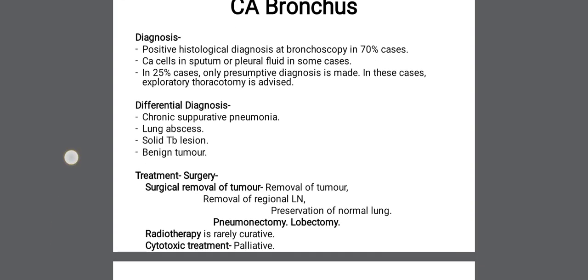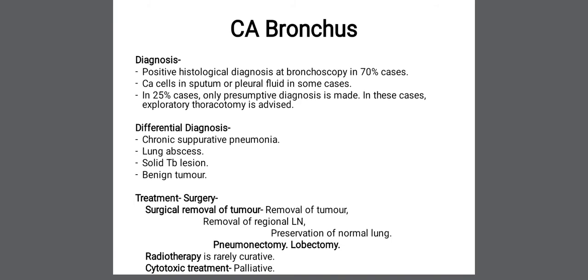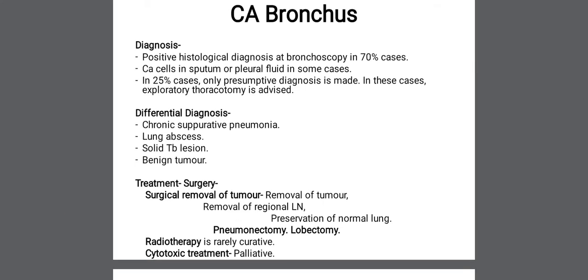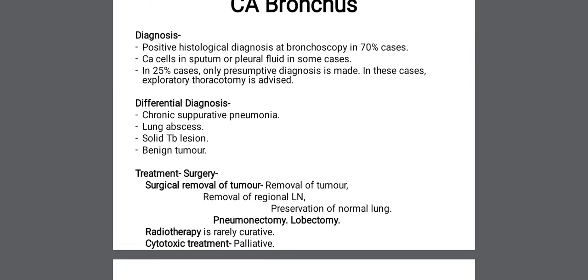Then diagnosis of CA bronchus is, in about 70% of cases, by bronchoscopy. In 25% of cases only a presumptive diagnosis is made, and in other cases, cancer cells in sputum or pleural fluid may be seen.